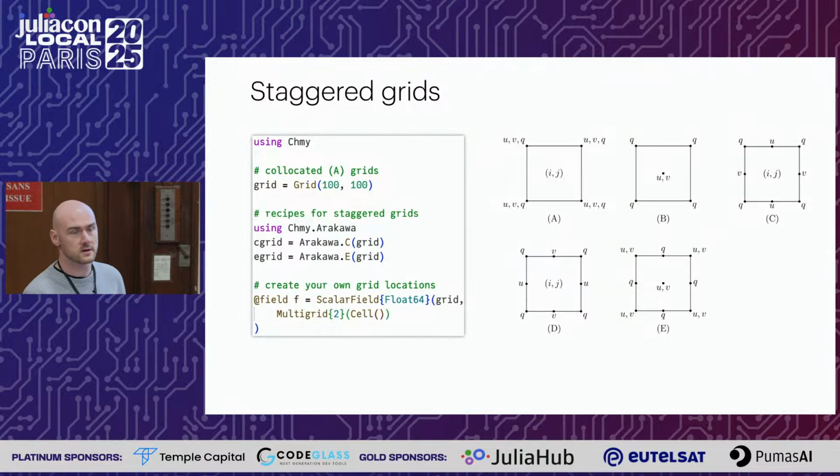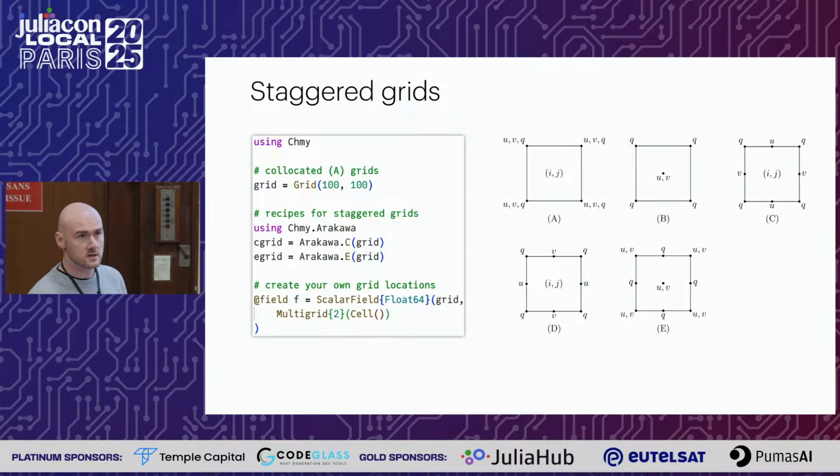We solve incompressible fluid dynamics codes, and this means that we cannot simply store all our fields at the same locations on grids. We really need to have several superimposed grids on top of each other, and there are many types of those. In ocean and climate science, the well-known classification is the Arakawa grids, and we provide recipes for those.